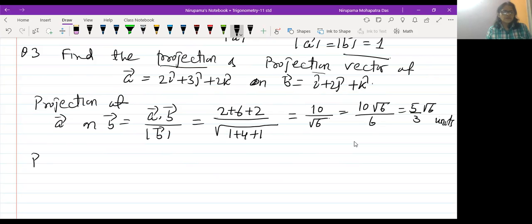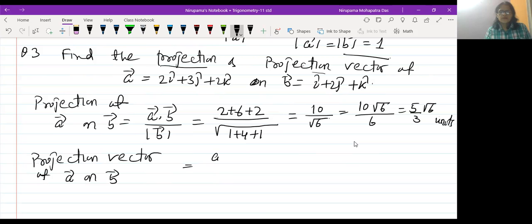If it is the projection vector of A vector on B vector, that is equal to A dot B by magnitude of B, multiplied by B cap. We have already found 10 by root 6, so I don't want to calculate it again.